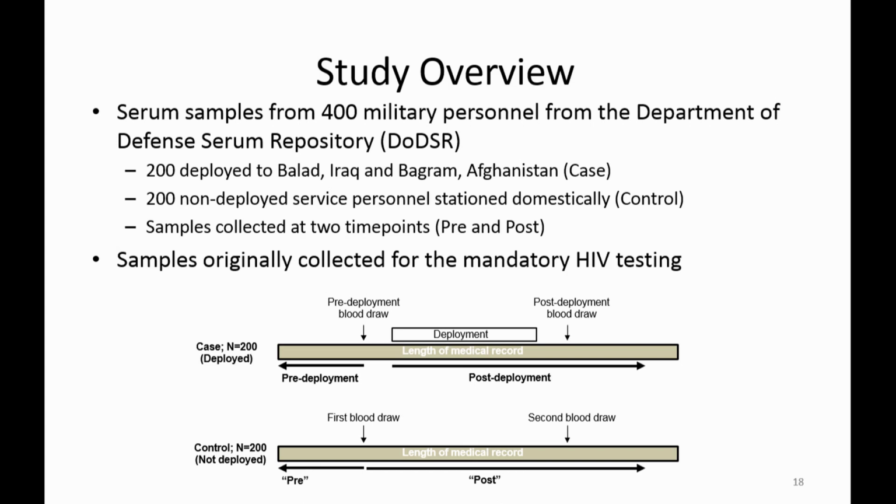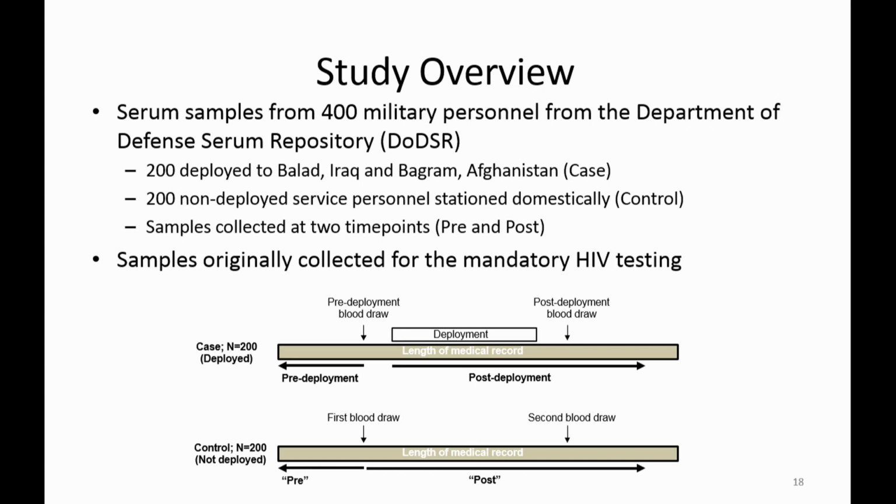These samples are from the Department of Defense Serum Repository. 200 of these 400 personnel were deployed to either Balad in Iraq or Bagram in Afghanistan. This is our case group. And then there were 200 non-deployed service personnel who were stationed domestically. This was our control group.